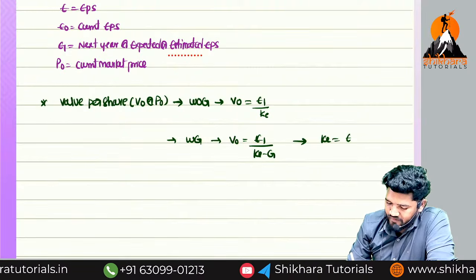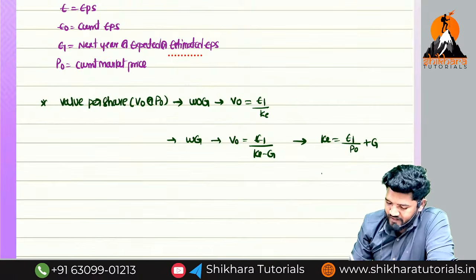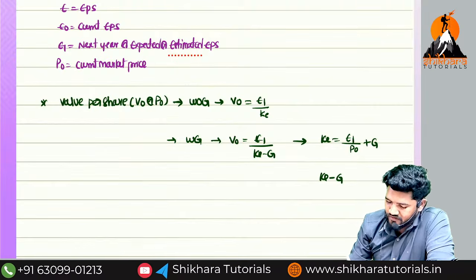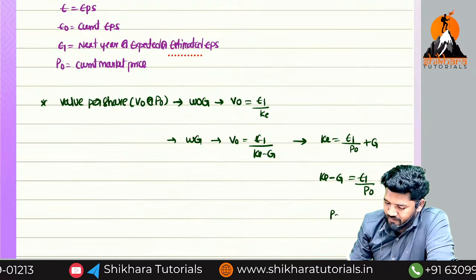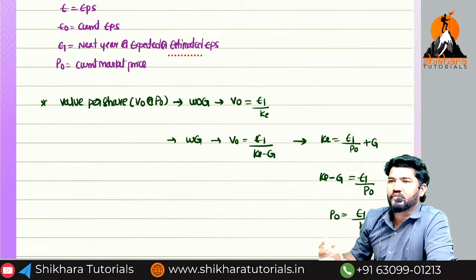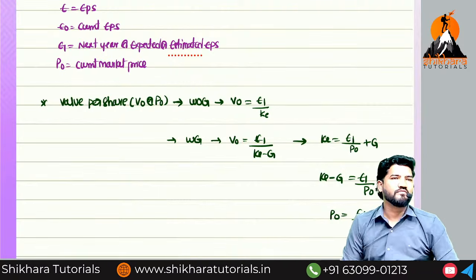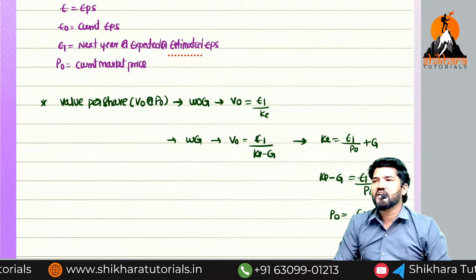KE equals E1 divided by P0 plus G. First send this plus G to this side: KE minus G equals E1 divided by P0. Now send this P0 to this side. P0 equals E1 divided by KE minus G. P0 and V0 are both the same. Clear? Same logic applies to the dividend approach also.